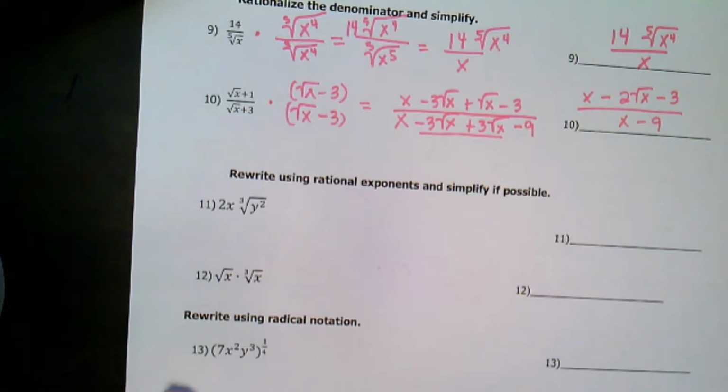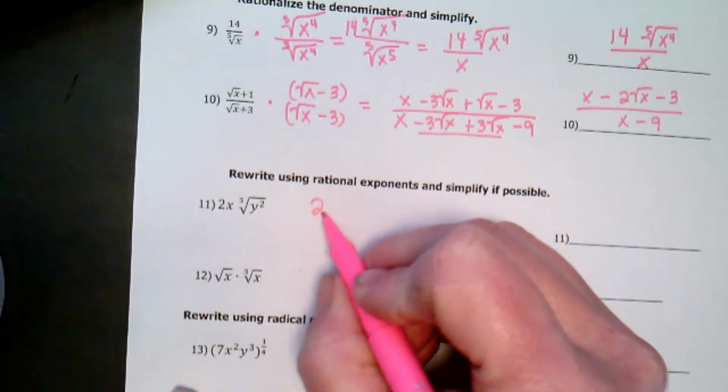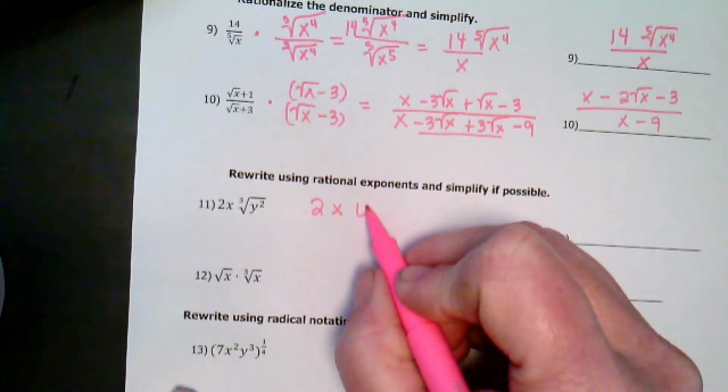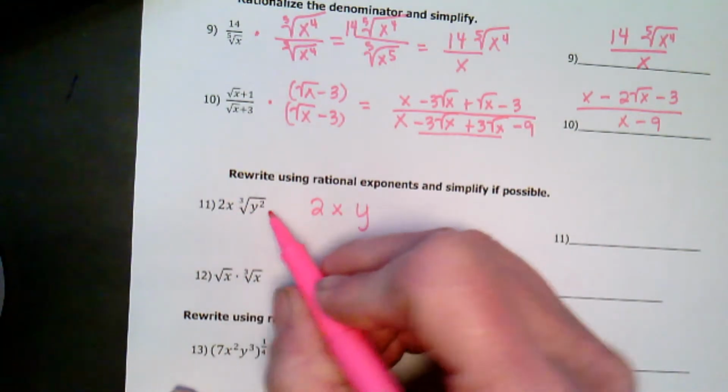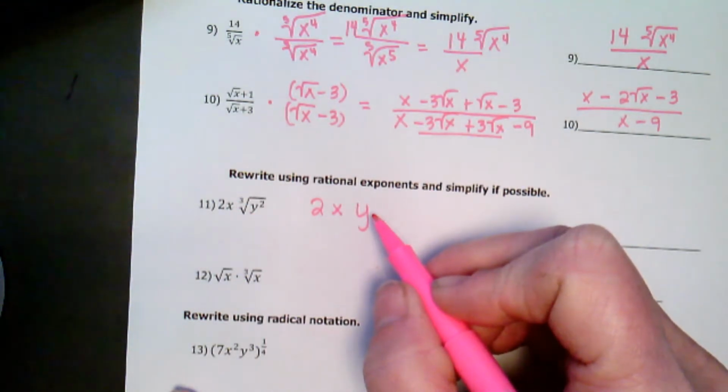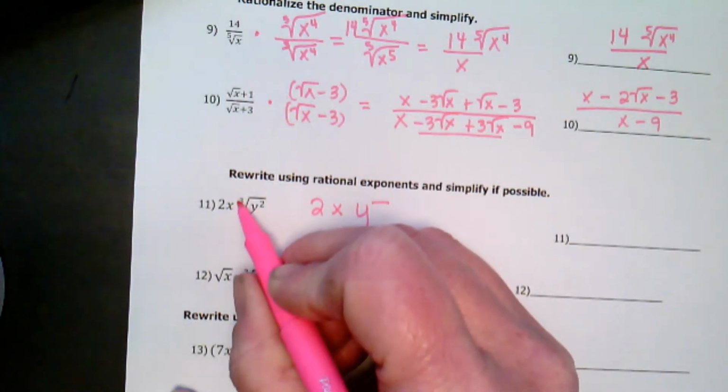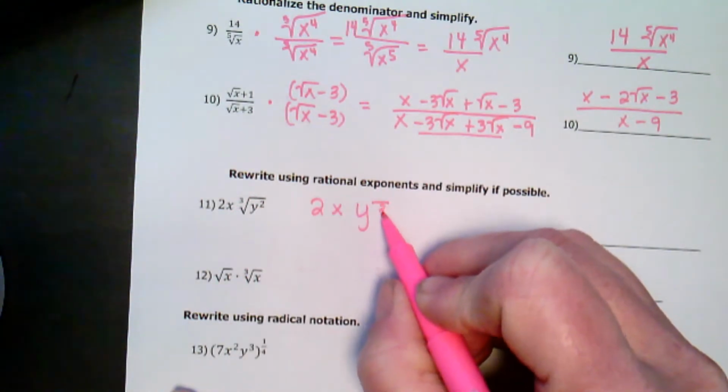Alright, number 11, rewrite using rational exponents and simplify if possible. Alright, so if you remember, the denominator is what is on the outside of our radical.